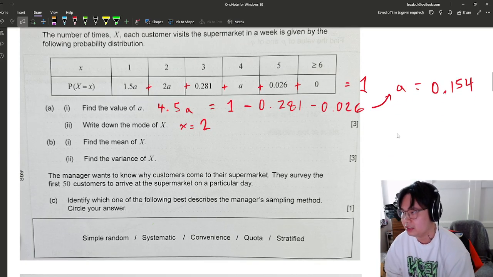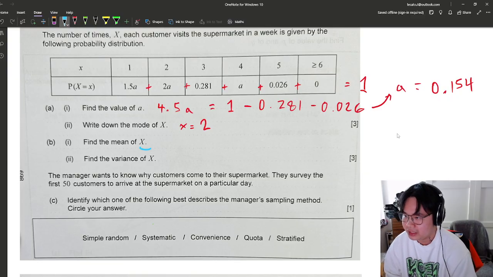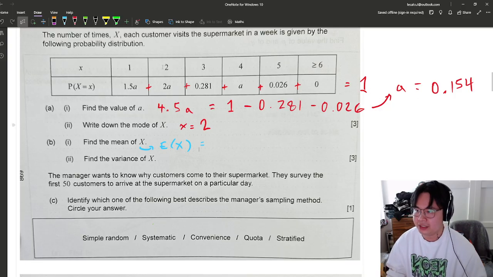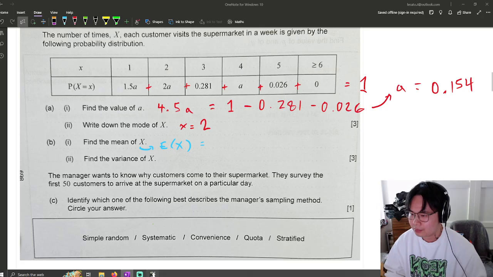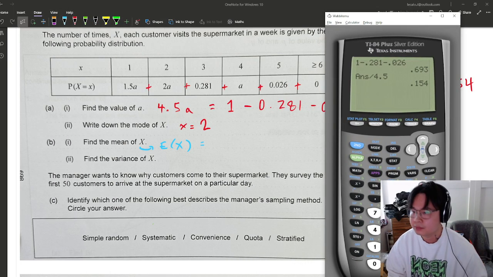Okay, easy peasy. Next up, find the mean. So the mean, or the average, is the expected value. To find the expected value, you multiply each value of the random variable with its probability, and then you sum them all up. Okay, so let's do that.